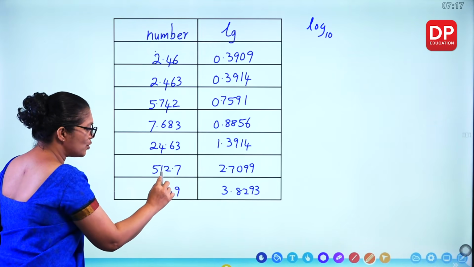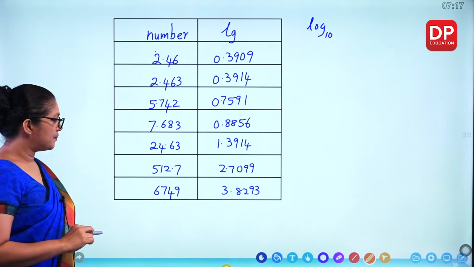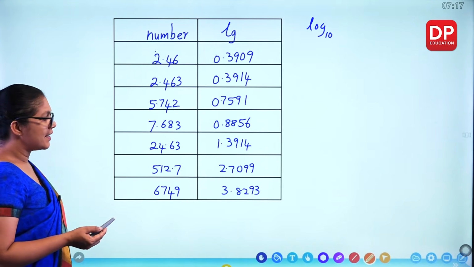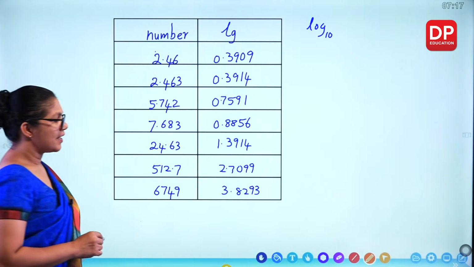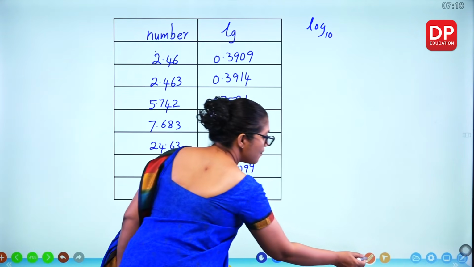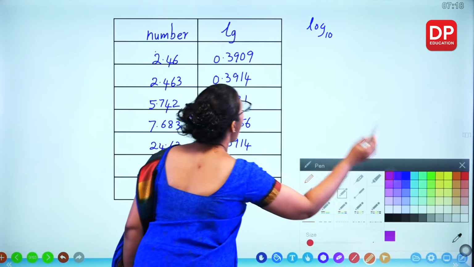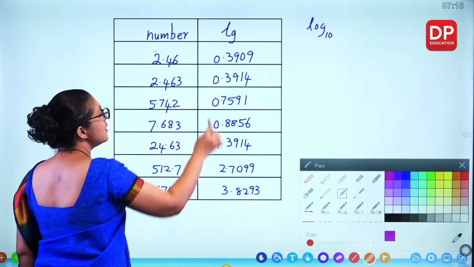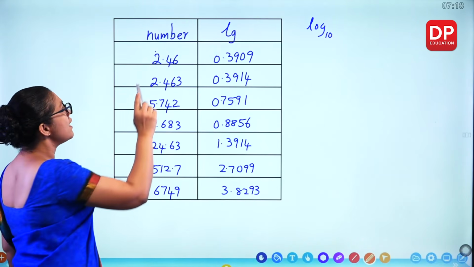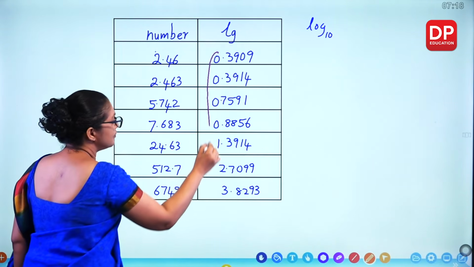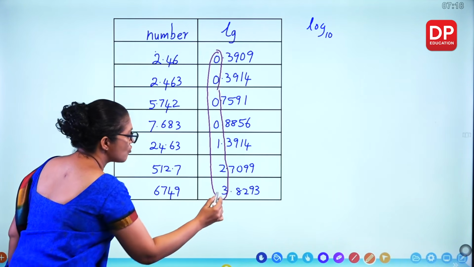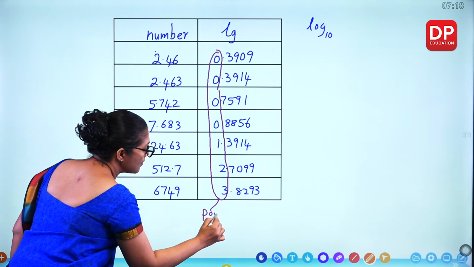This one 10 to the power 2. 2 comes here. This one 1, 2, 3. 10 to the power 3. You get 3 point. So in this table, you can straight away see how we can write down the first digit. That's the whole number. By looking at the power of 10. This is based on the power of 10.